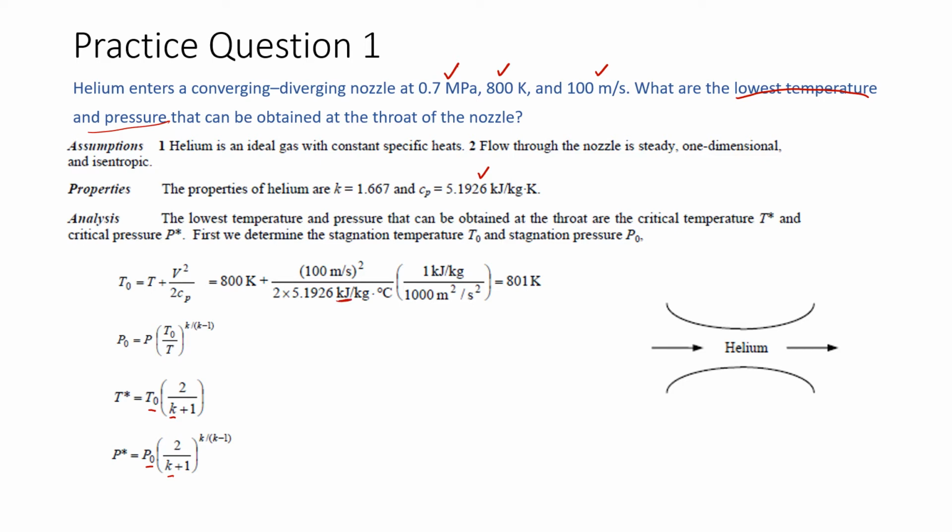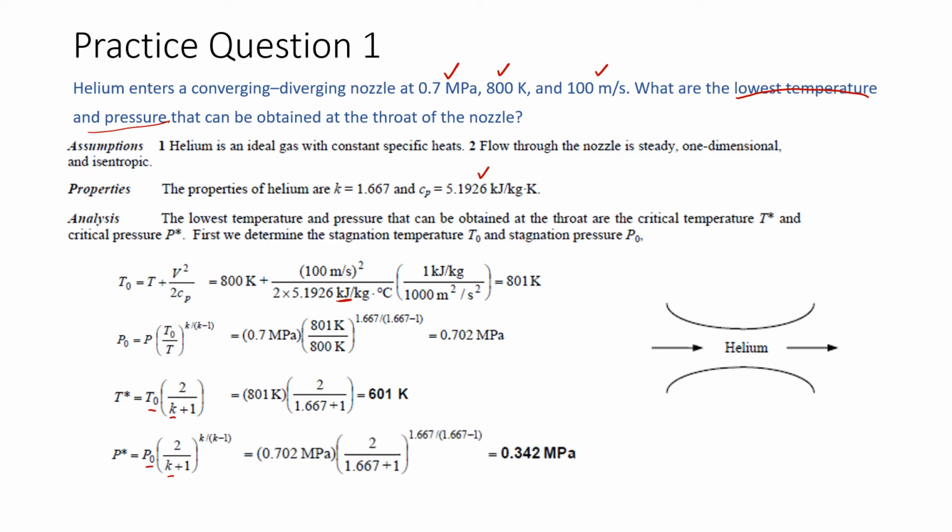The conversion is necessary, dividing by 1000. Then proceed to find pressure. This one, of course, you don't have to convert. Please always use Kelvin as the temperature. Once you have these two values, you can find the critical properties. Just substitute into this equation and you get the final answers. So very straightforward.